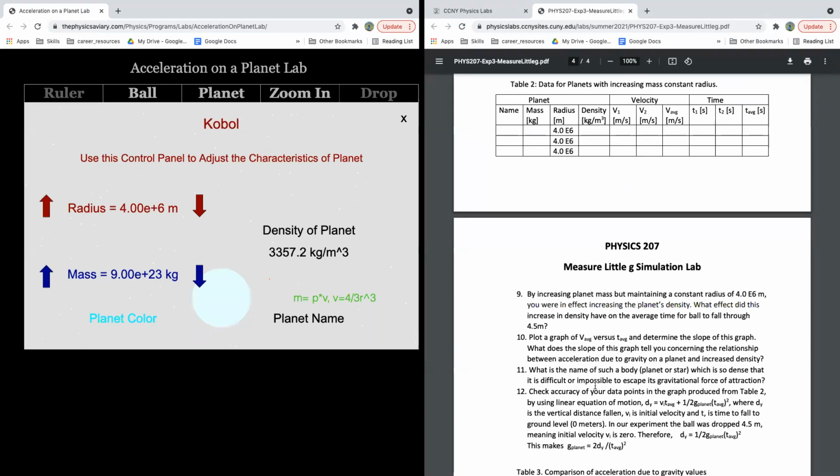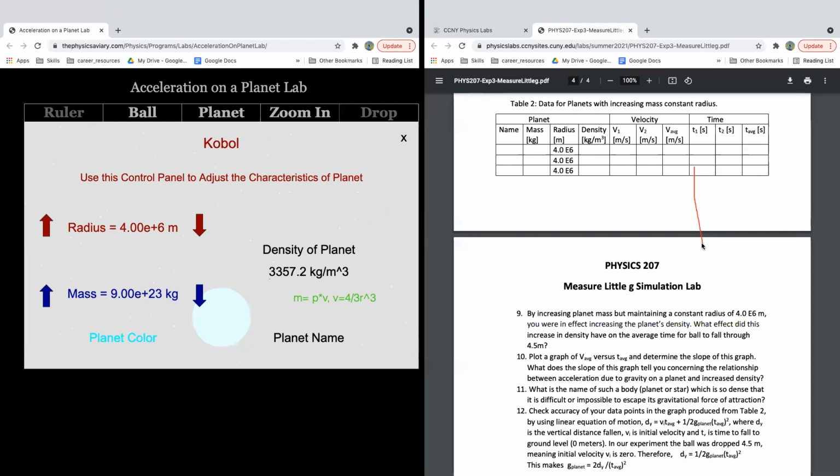So let's say the V average is maybe 3 meters per second, and the T average is 3 seconds. So it would be like this here.